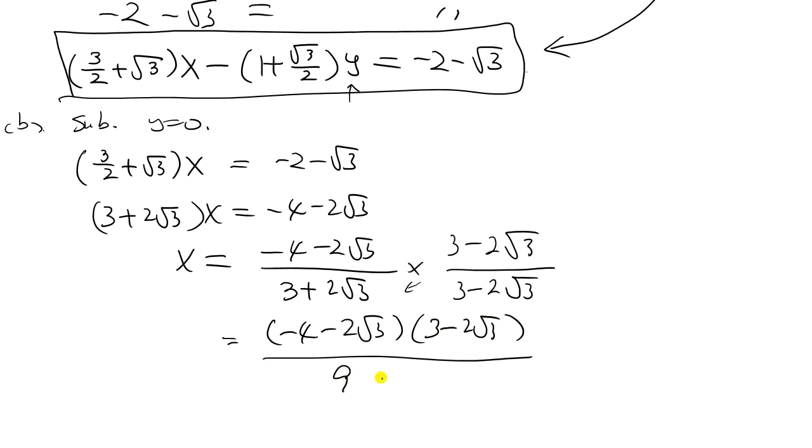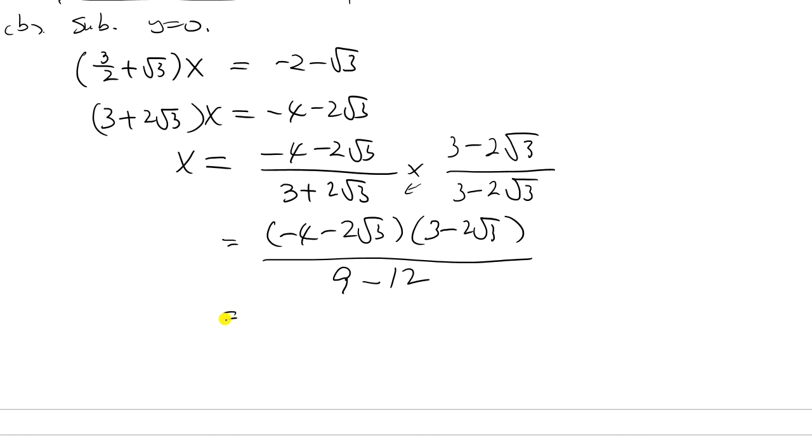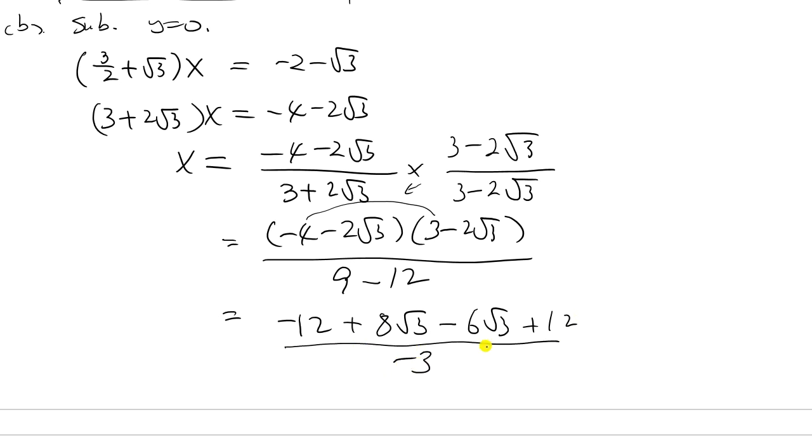Denominator is simply 3 squared minus (2 square root 3) squared. So 4 times 3 is 12, right? So altogether the numerator is negative 12 by distribution rule and plus 8 square root 3 and minus 6 square root 3 plus 12, right? Okay, over negative 3.